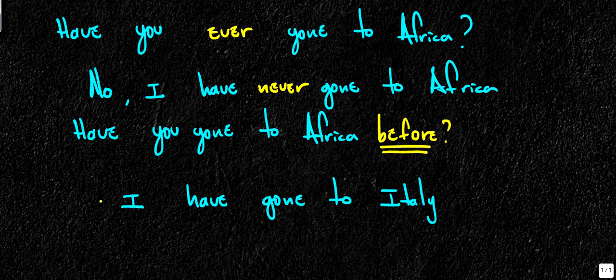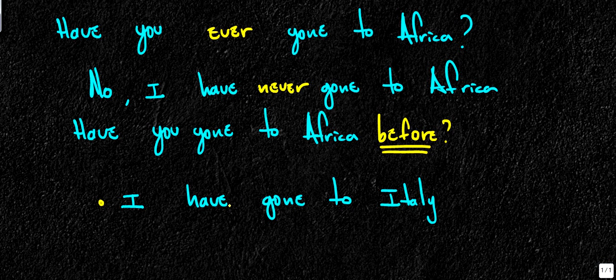The first place would be right here, at the very beginning of the sentence. So I would say, already I have gone to Italy. It is okay to put a comma before the sentence, but it's not absolutely necessary. You can consider that to be optional.